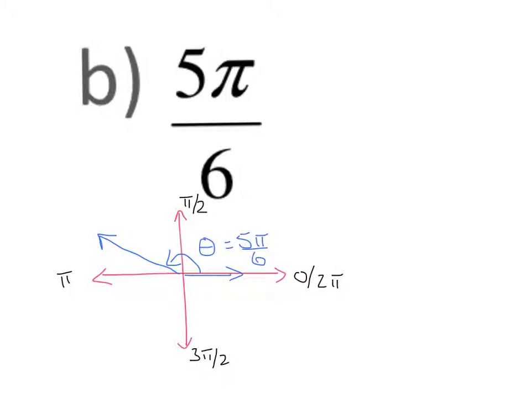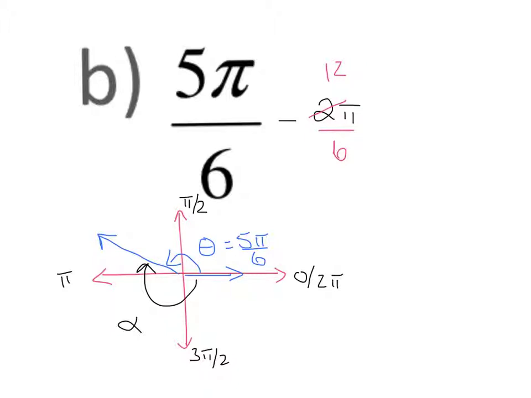It's in standard position, and I want to find a positive and a negative coterminal angle. Same initial side, same terminal side, different degree measurement. So the negative one would extend in this direction, same initial, same terminal. Let's call this alpha. So if I'm looking for alpha, I'm going to subtract 2 pi. Common denominator, rewrite it, multiply this by 6 over 6. That's going to give me 12 over 6.